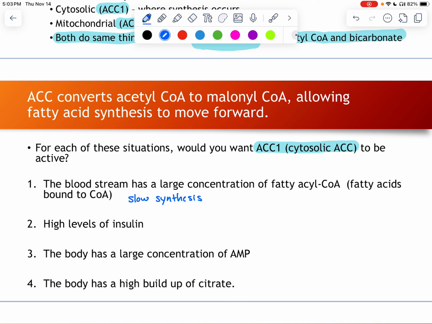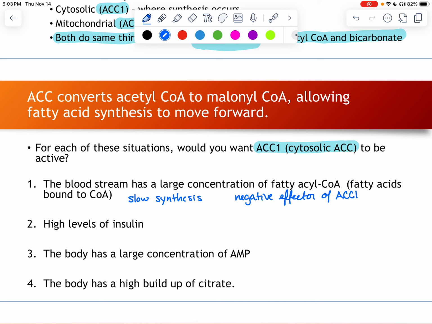So we would expect this to be a negative effector of ACC. If you already have a bunch of fatty acids, we don't want to keep making more.